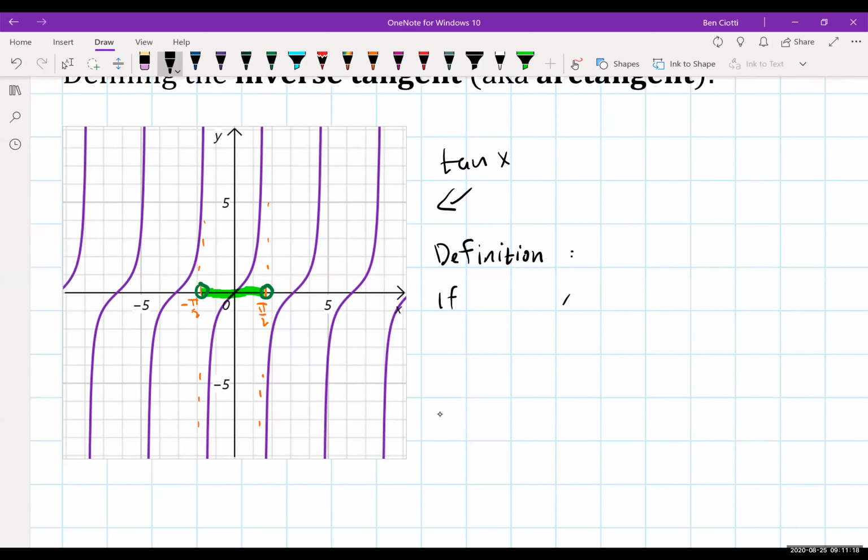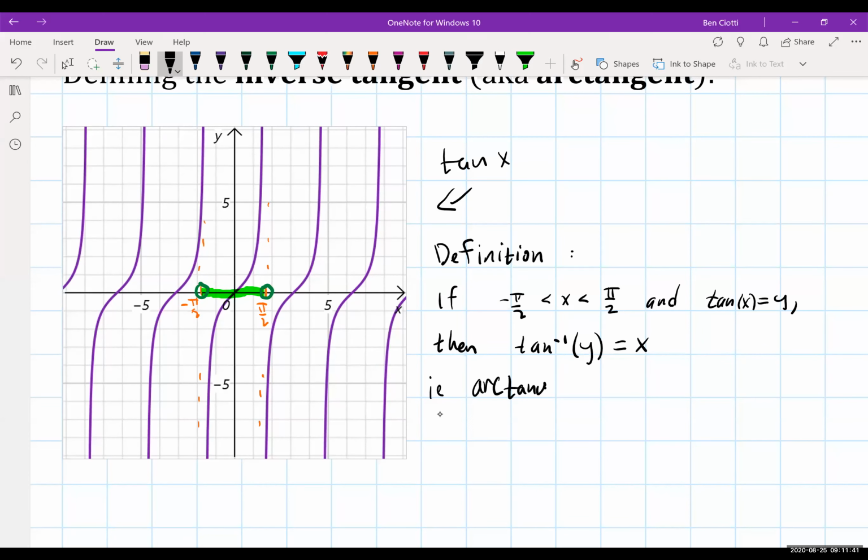If x is strictly between negative pi over 2 and positive pi over 2, and tan x equals y, then tan inverse of y is equal to x, i.e. arctan of y is equal to x.